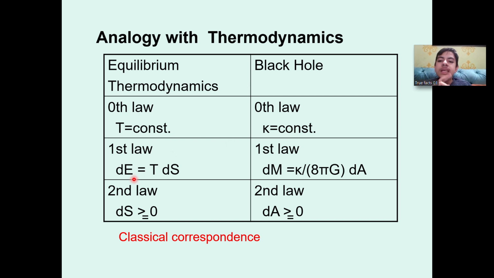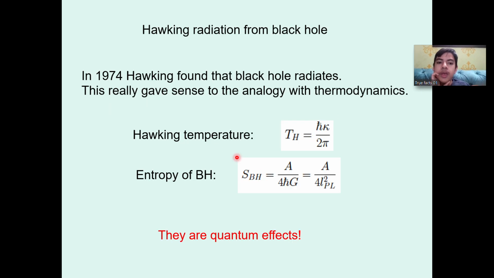The first law is dE equals T dS, whereas the first law of black hole thermodynamics is dM equals kappa by 8 pi G dA. The second law is dS is greater than or equal to 0, whereas for the black hole it is dA greater than or equal to 0. Classical correspondence. Now we come to Hawking radiation, one of my most favorite parts.